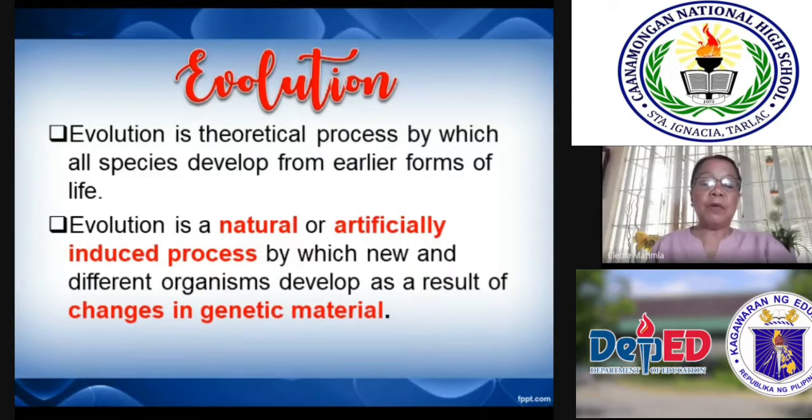It is natural because the changes take place naturally with the environment, and artificially induced in the sense that man can manage to develop different organisms as a result of change in genetic material.